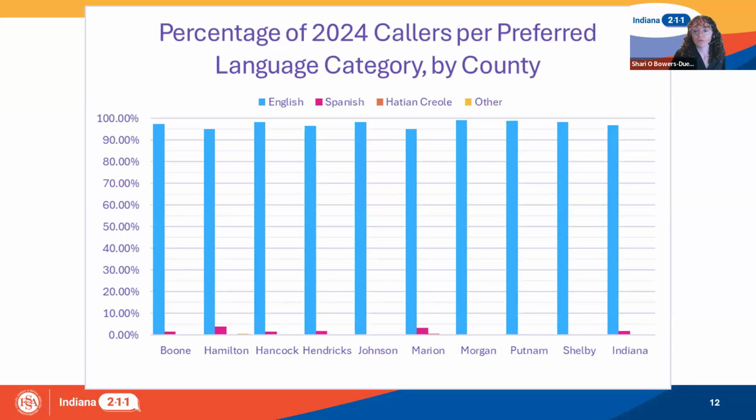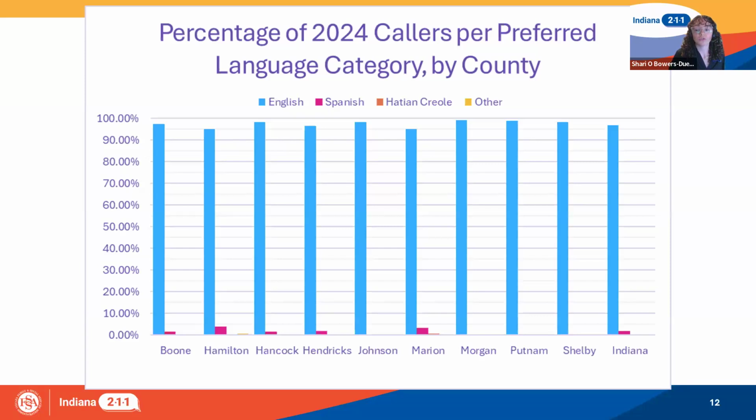And then lastly, if you notice the small sliver of yellow above Hamilton and Marion counties, those indicate that we do also receive some calls from individuals whose preferred language is one other than English or Spanish. So this is a good time to remind everyone that our community navigators do have access to a service that allows them to connect with interpreters for over 240 languages.